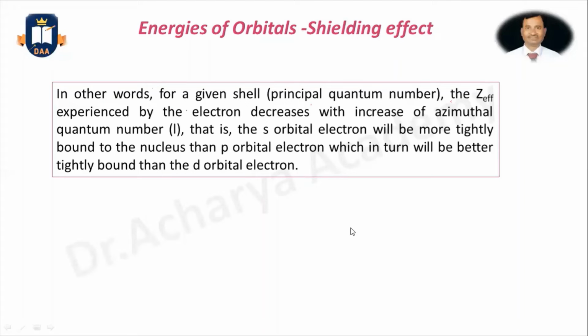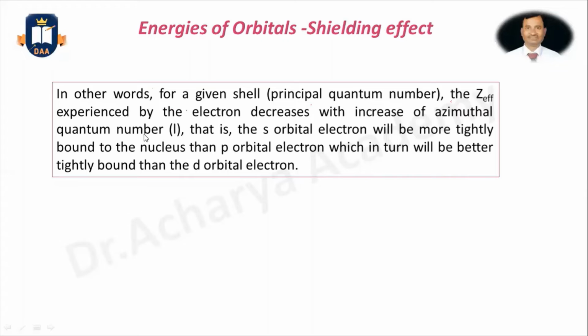So now what we can generalize is that for a given shell, that means the same principal quantum number, the effective nuclear charge experienced by the electron decreases with increasing azimuthal quantum number, because we know that for p orbitals the azimuthal quantum number is 1, and for d orbitals the azimuthal quantum number is 2.